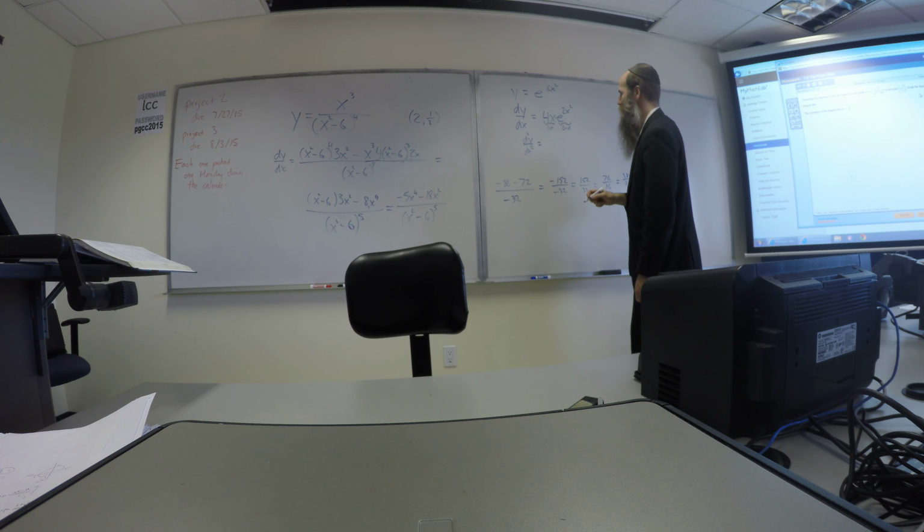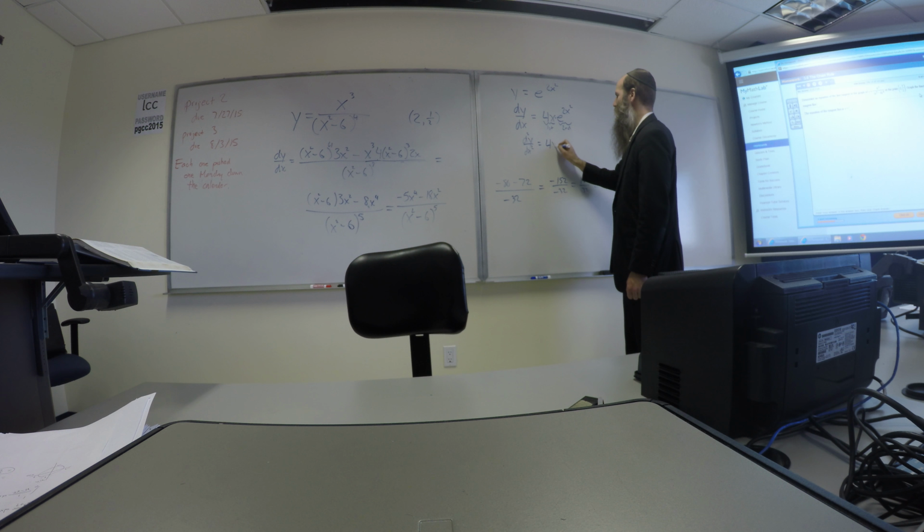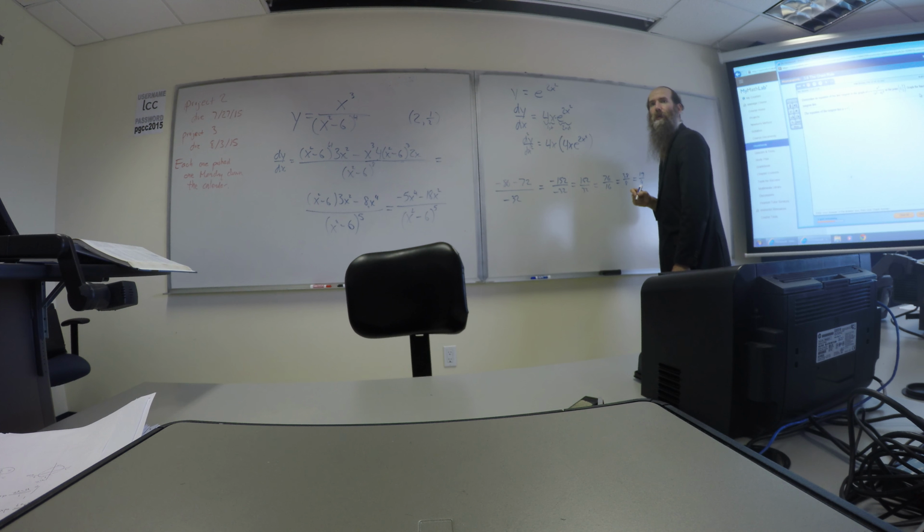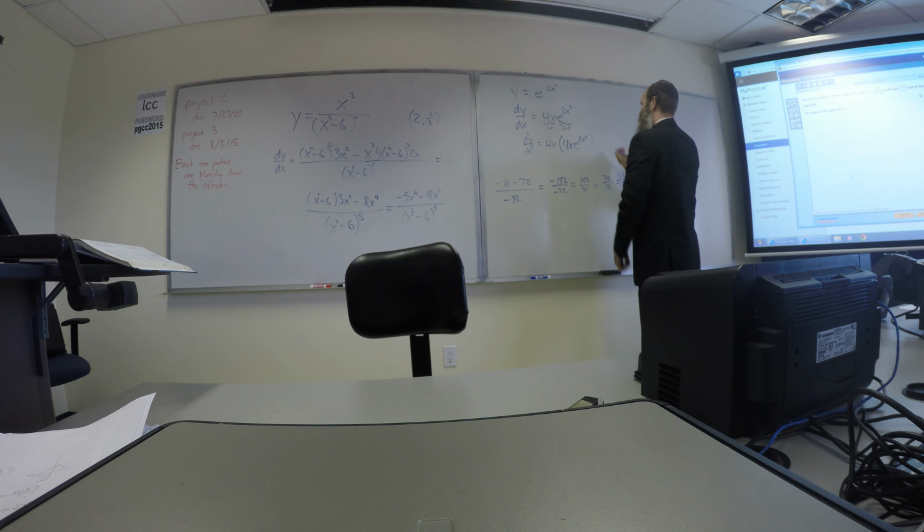First times the derivative of second, we'll have 4x times the derivative of the second. But the derivative of the second is this entire expression, that's what we just computed. So the derivative of the second is 4x e to the 2x squared. That makes sense so far? Plus second, e to the 2x squared, times derivative of first, which is just 4.